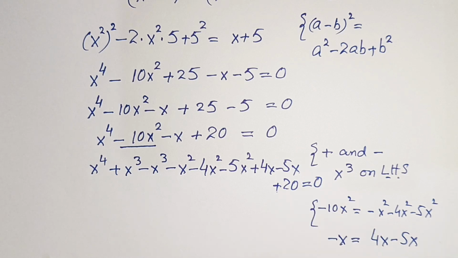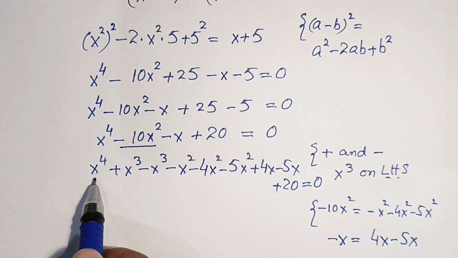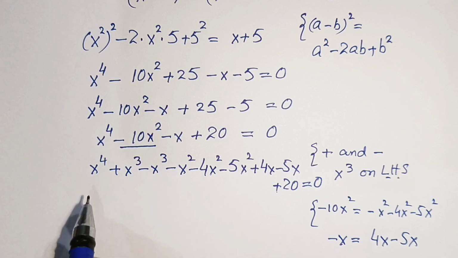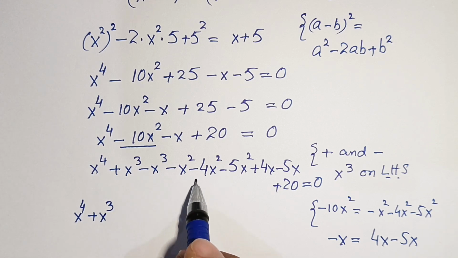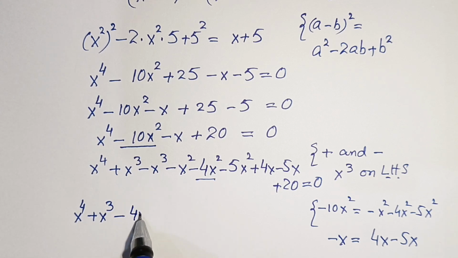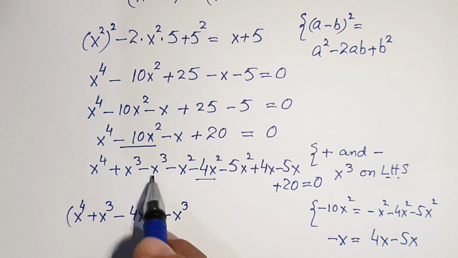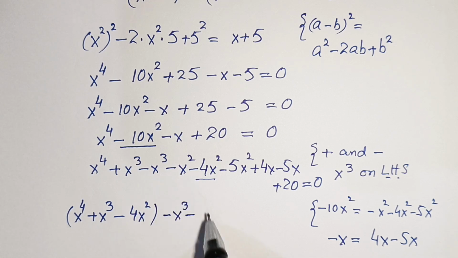Now we want to make groups of 3 terms. So the first group of this equation is x to the power 4 plus x cubed, and minus 4x squared. Similarly we have minus x cubed, minus x squared, and plus 4x.